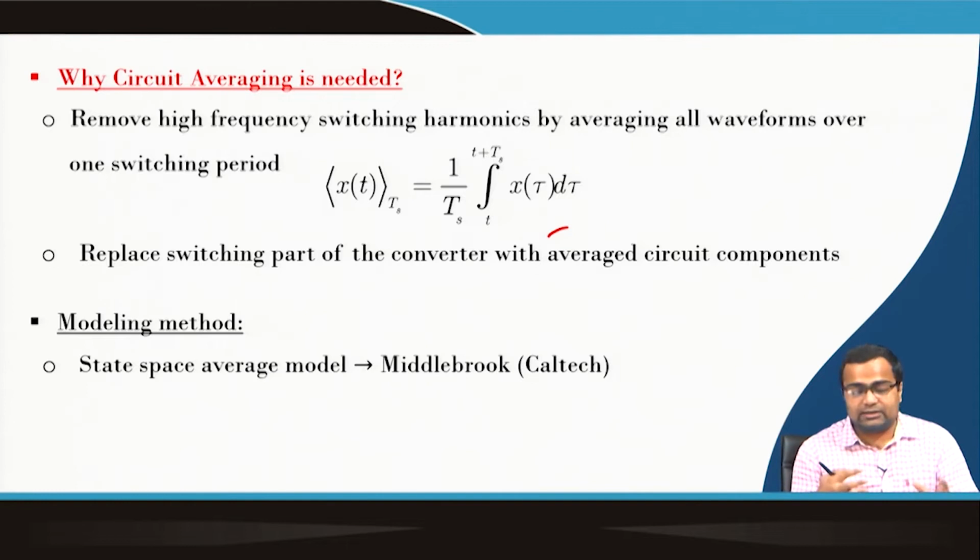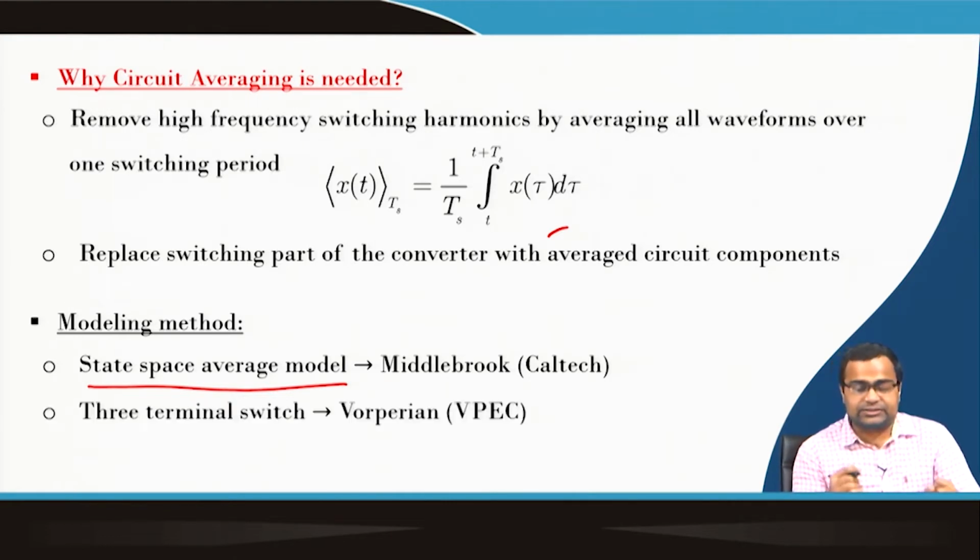And then how do we model? The modeling technique we discussed so far is the state space average model, which was proposed by Middlebrook from Caltech. It is a very well known and very frequently used technique. Then the 3 terminal switch model was proposed from Virginia Tech.